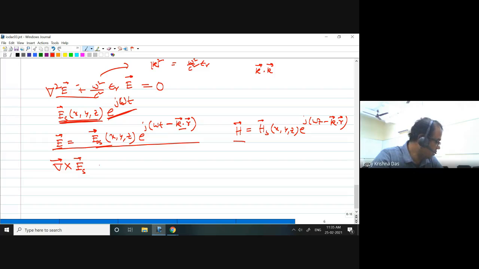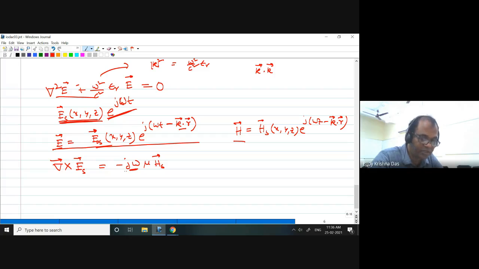So this one can be written as minus j omega mu, it should be mu naught if it is free space, and in a homogeneous medium it is mu H_s. Instead of minus del by del t, I can write j omega.